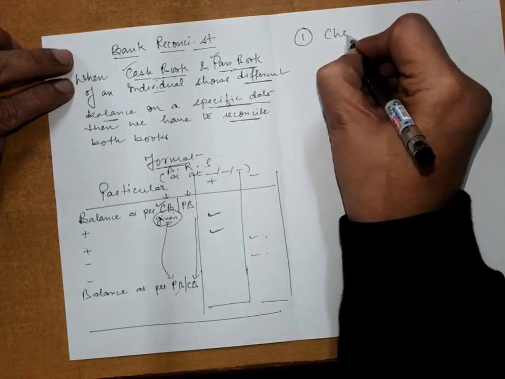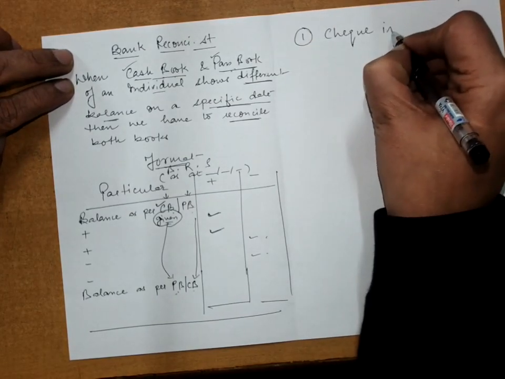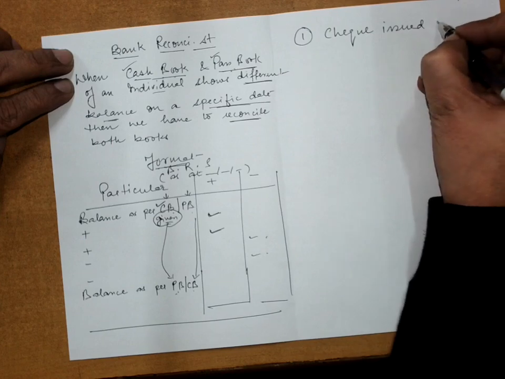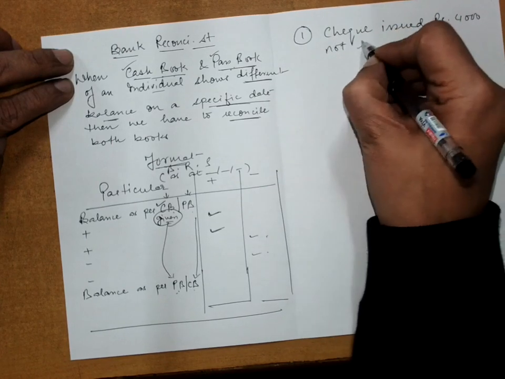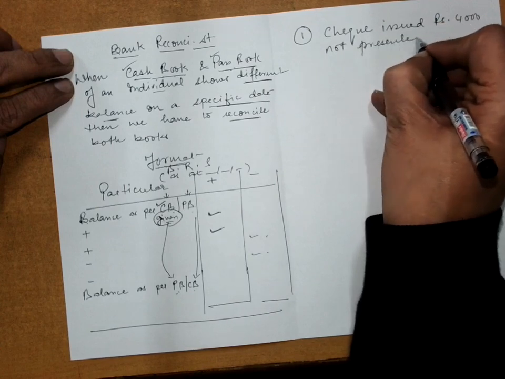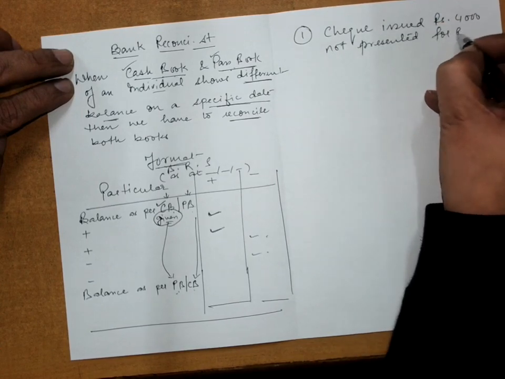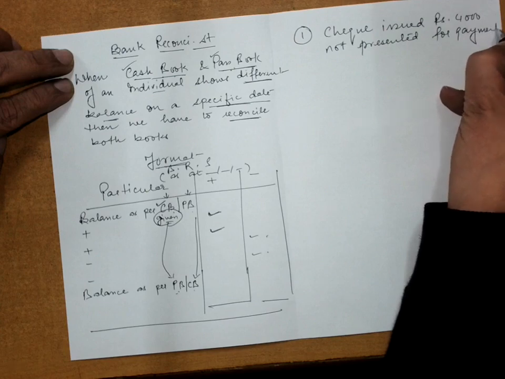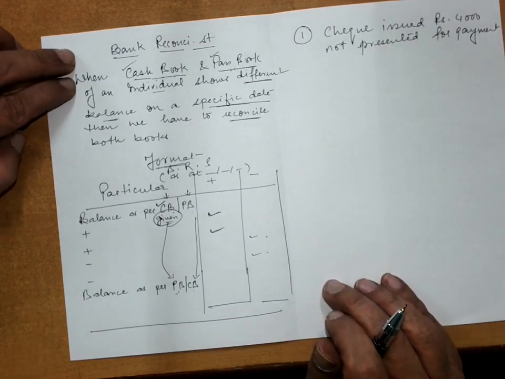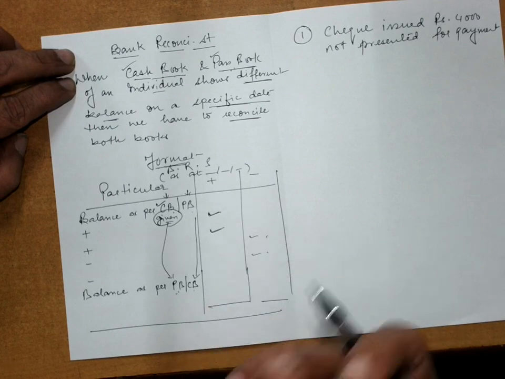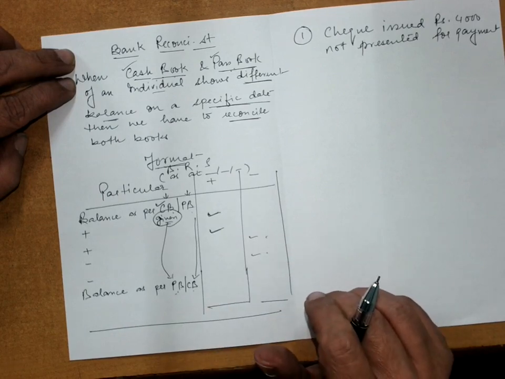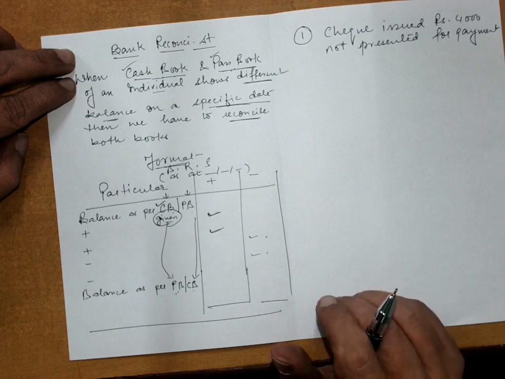Say, a check issued for rupees 4,000 not presented for payment. See, first we have to analyze this transaction. Say I was a person whose reconciliation statement was being prepared. I issued a check to one of you.